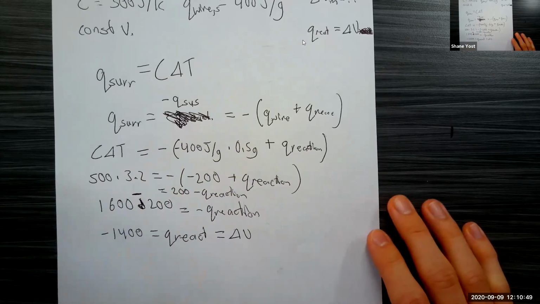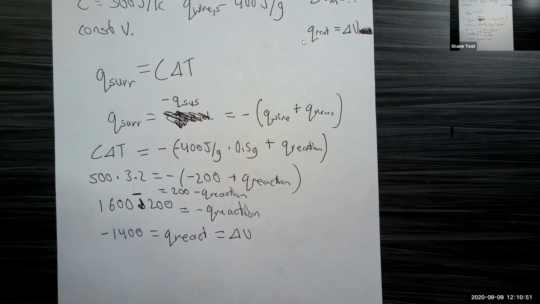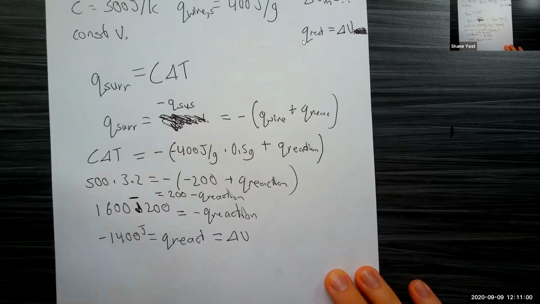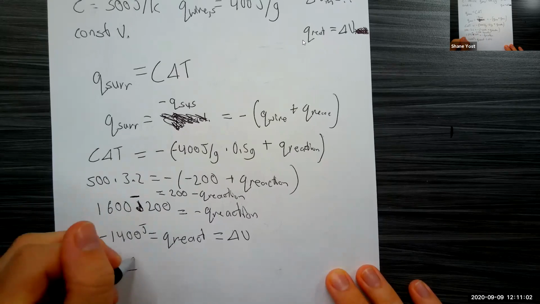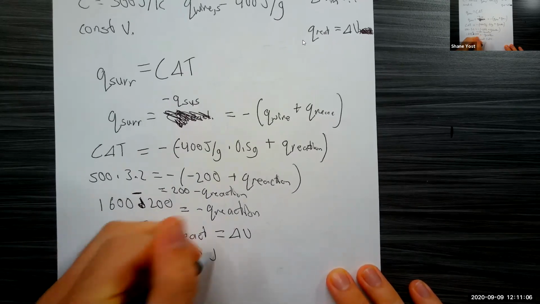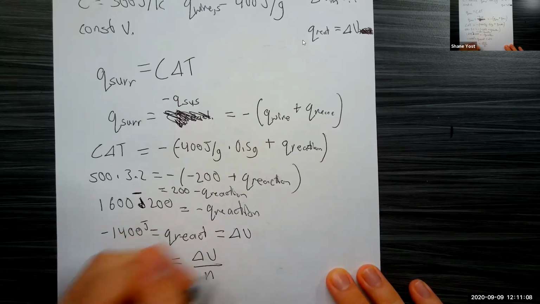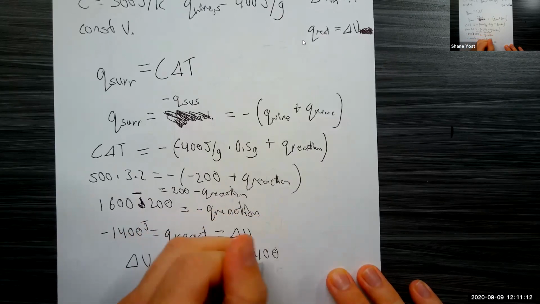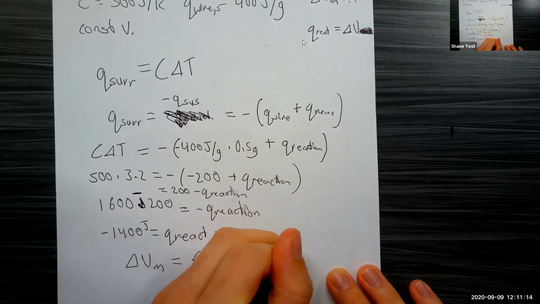But that internal energy change was for burning 3 moles of my reactants. So if I want the molar energy change, that's just delta U divided by the number of moles, which is minus 1400 divided by 3.